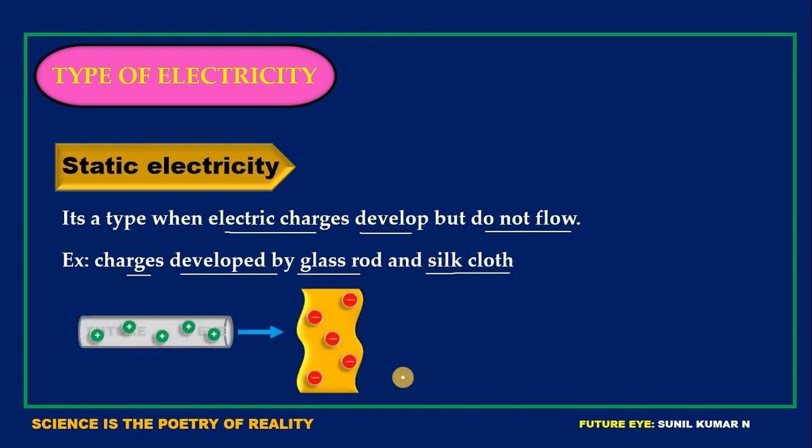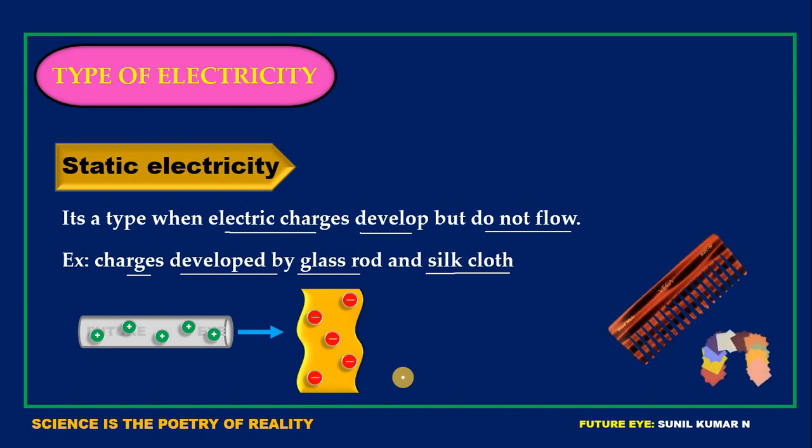See, in an earlier slide we learned an experiment. When we rub silk cloth with a glass rod, their electric charges get developed, but after some time it loses the same. It never flows. Wherever electric charges develop but do not flow, that is called static electricity. Now can you give one more example for static electricity?